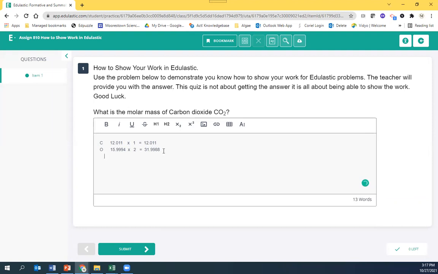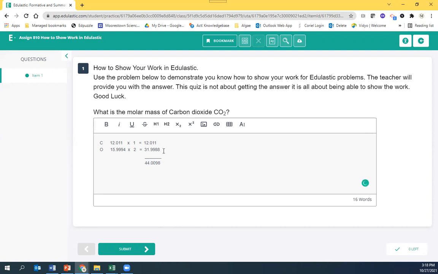And then now I want to show a line. So there is an underline on the keyboard. So I'll move here and then I'll type in an underline right here. Then I'll hit return again to drop it down. And now I'm going to hit the space bar till I get over, and I'm going to type in the answer down here. Now remember, the first answer was 44.0098.